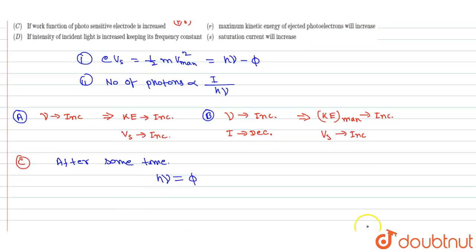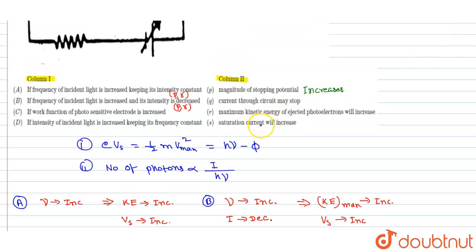If h nu is equal to the work function, the kinetic energy is equal to 0 and the stopping potential is also equal to 0. Kinetic energy 0 implies that V max is equal to 0, so velocity is equal to 0. If V max is equal to 0, the current through the circuit may stop. So Q is the right option for the C part.